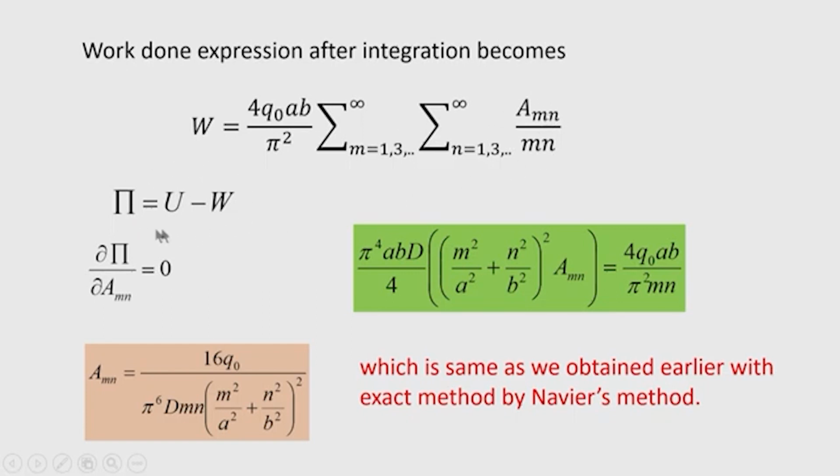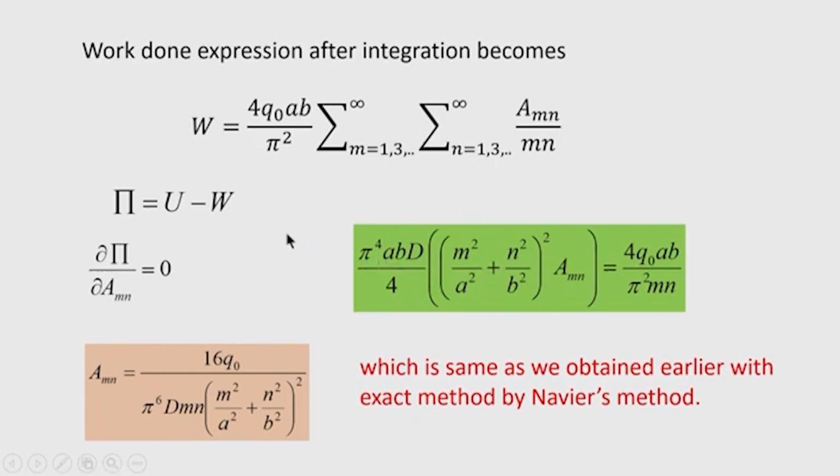Now, calculate the potential pi is equal to U minus W, then apply Rayleigh's method, del pi by del a m n equal to 0. After applying this, we arrive at the value of a m n.